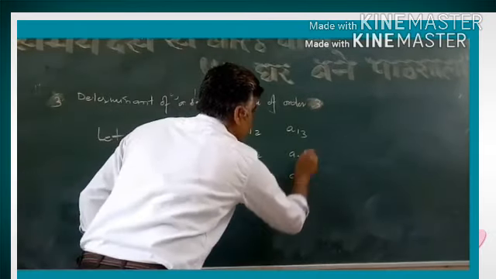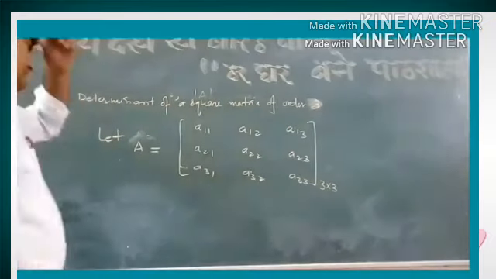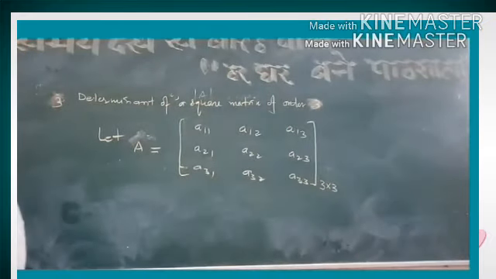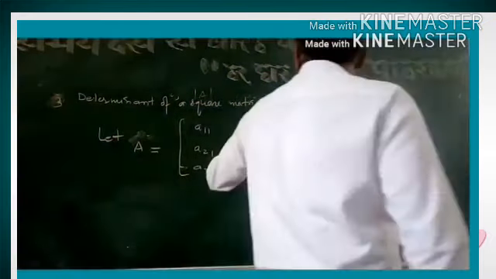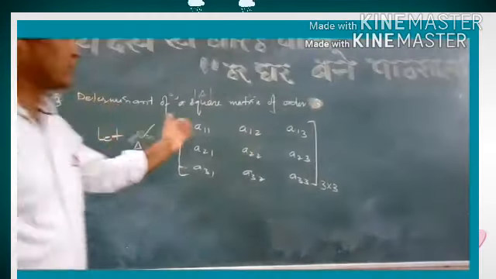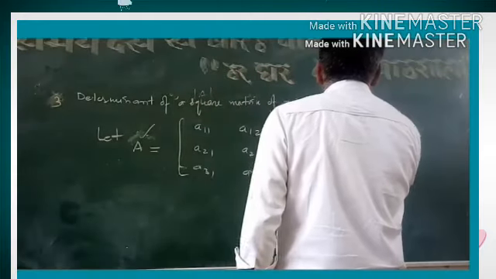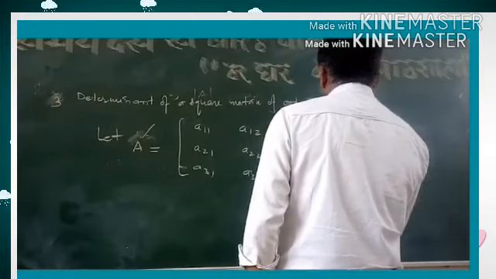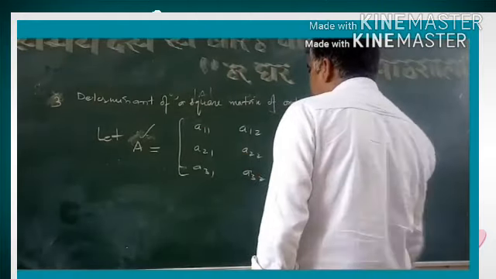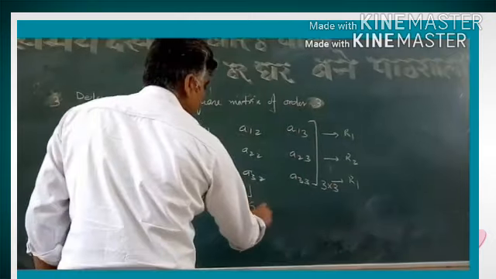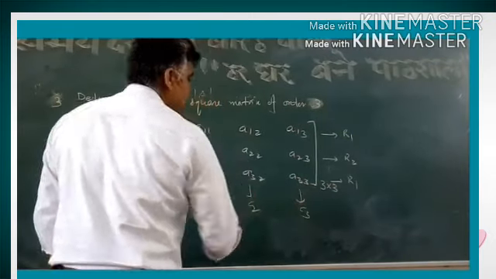This is a square matrix of order 3 into 3. Now, there are 6 ways to find the determinant of this square matrix: by expanding along R1, expanding along R2, expanding the determinant along R3, and C1, C2 and C3.